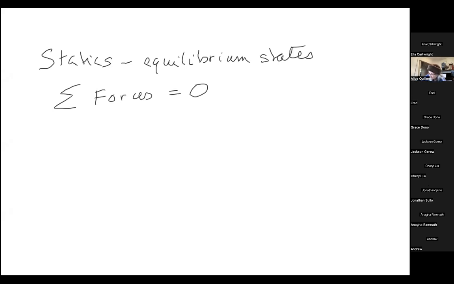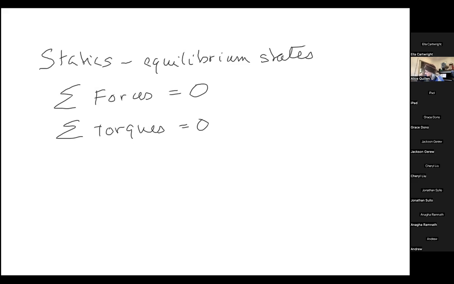And the sum of all the torques is also 0, so that there's no rotation, right? So by static, you mean no acceleration and no rotation, no angular acceleration. Torque really gives you angular acceleration. So that's what we're going to talk about again.